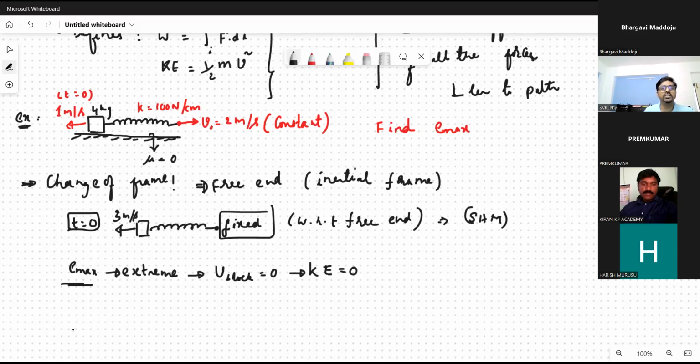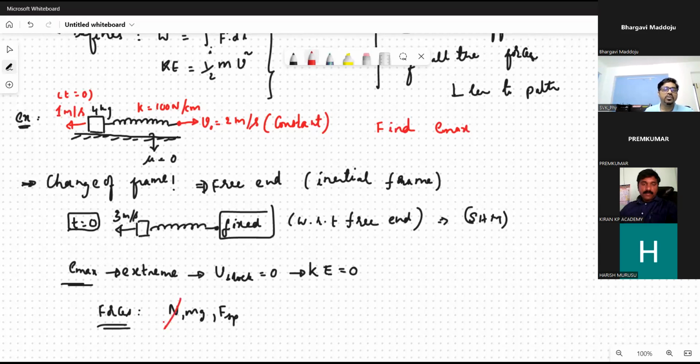So now if you look at the forces acting on the body, you have normal reaction, you have mg, you have spring force. But normal reaction is perpendicular to velocity all the time. And mg is also perpendicular to velocity all the time.